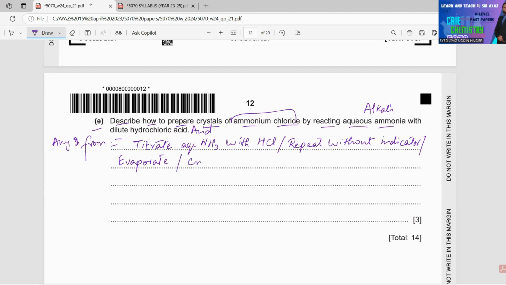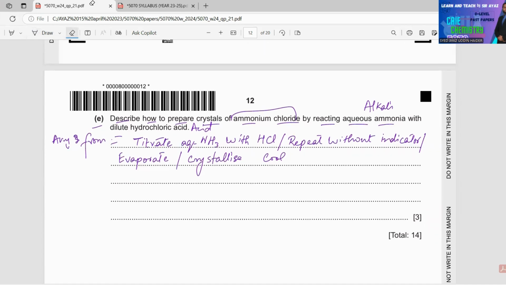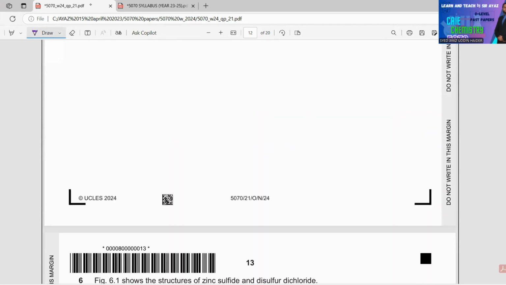Then you will crystallize through cooling. Last one, dry. So you can write any three of these.